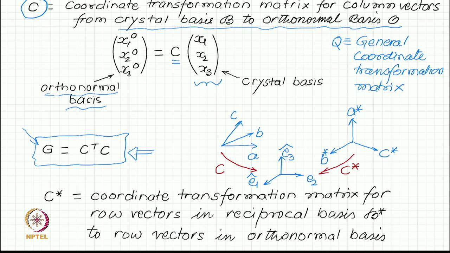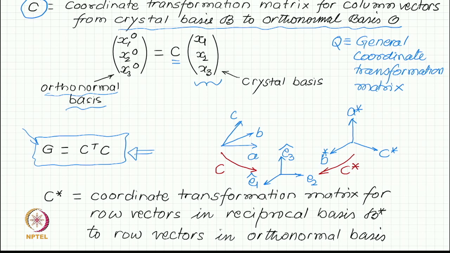For example, when we introduced this C matrix, we took E1 parallel to A. That was one of our choices, but whatever choice you make, that is not necessary. Some people make E3 parallel to C, or as I have drawn, none of the axes may be parallel.